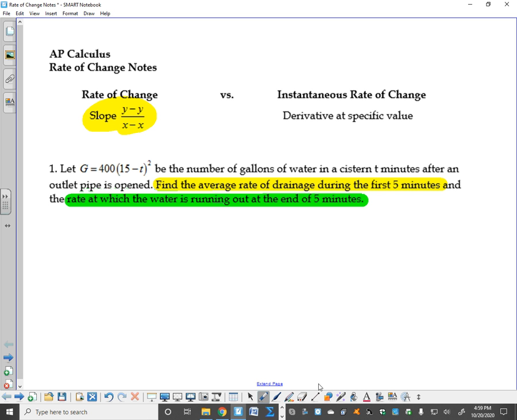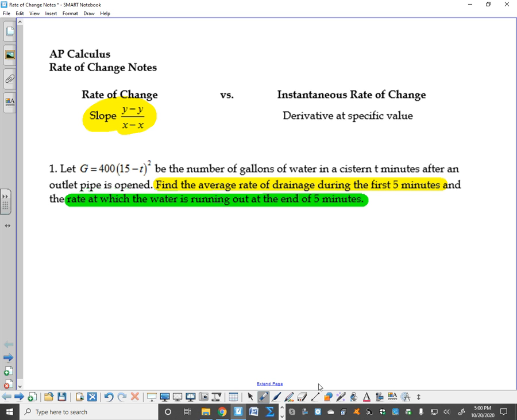It's just saying when 5 minutes is over, what at that time is the rate at which the water is running out. It does not say how much water has run out or been dumped out. It's saying at what rate is it coming out at minute 5. Okay?